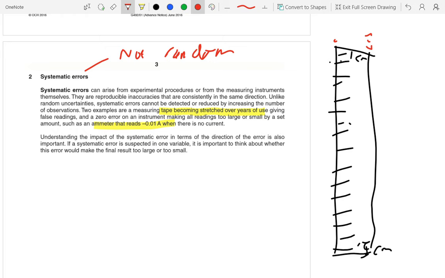There'll be a good chance it could ask you about one of them for the previous experiment. It could give you a diagram of a ruler that looks something like this, with the end bit chipped off, or a little bit extra on it, and say the student doing this experiment didn't look carefully at the end of the ruler, describe and explain the source of the 0 error, or something like that. So just be aware that they can come up, and make sure that you're able to identify a 0 error when you see it with a ruler like that.